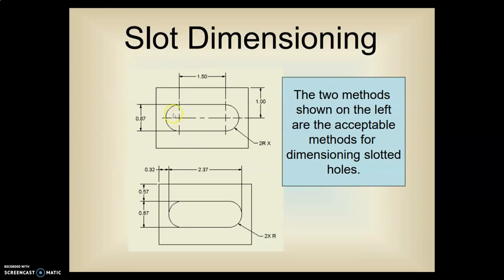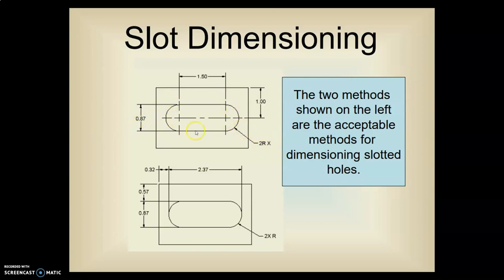Dimensioning slots. Slots are normally dimensioned from center to center. Then we can either put the overall here, and if we put that overall dimension, notice we just put 2R, which means there are 2 radiuses.